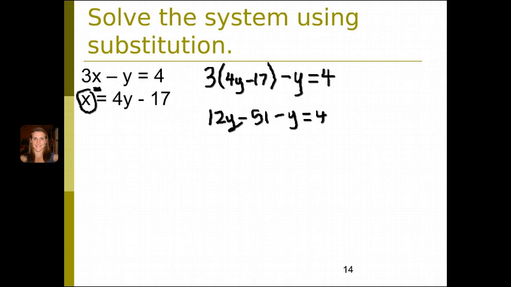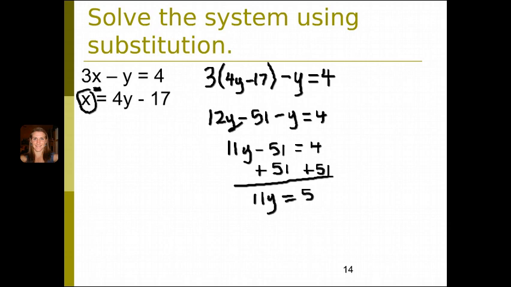Combine your like terms. 12y minus y is 11y minus 51 equals 4. Now we're going to add 51 to both sides, which gives us 11y equals 55.